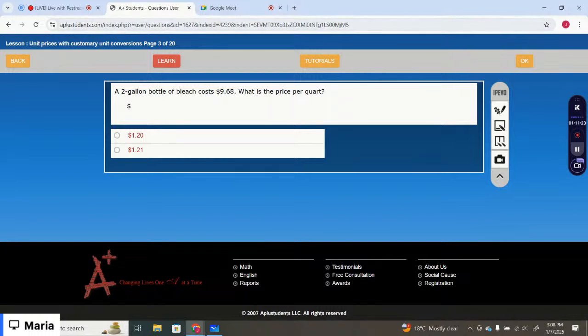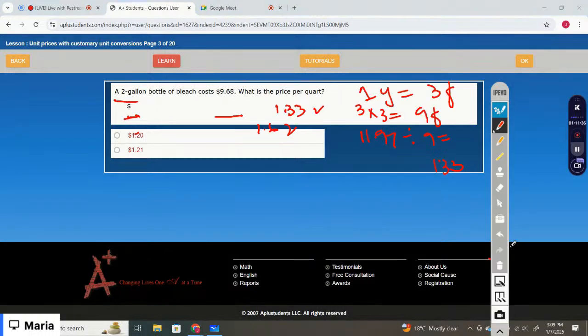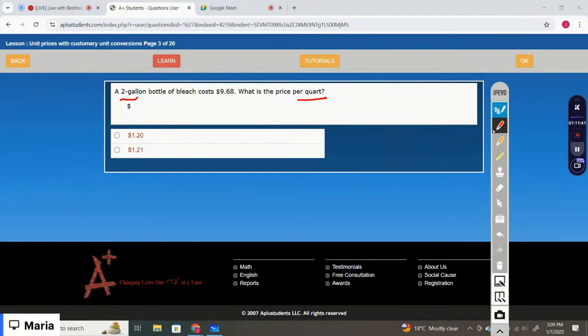A 2-gallon bottle of bleach costs $9.68. What is the price per quart? So here you are given 2 gallons, right? And you need to calculate the price per quart. First, you have to see how many quarts are in 1 gallon. 1 gallon equals 4 quarts. So 2 gallons is 2 times 4, which is 8 quarts.